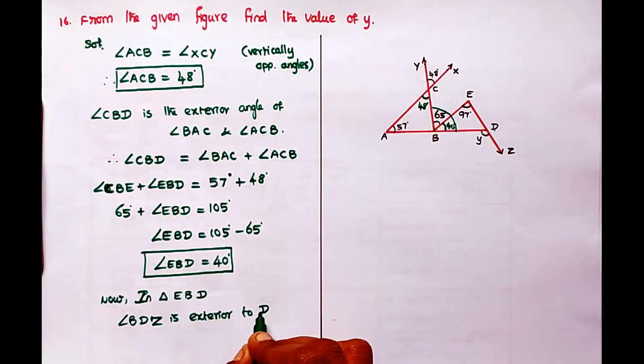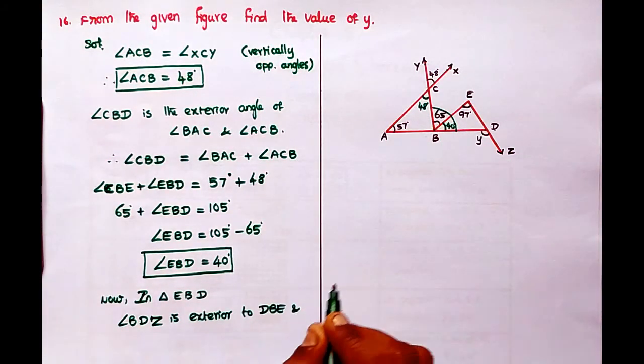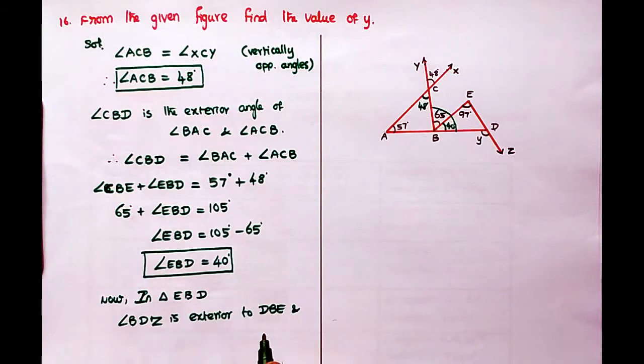DBE and BED. Therefore, angle BDZ equal to angle DBE plus angle BED, because sum of interior opposite angles is the exterior angle.